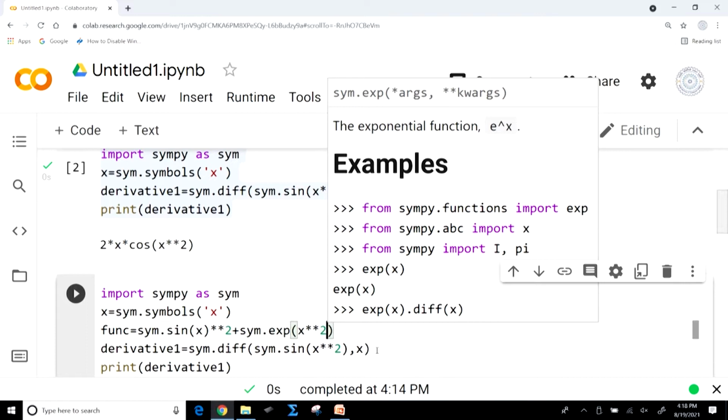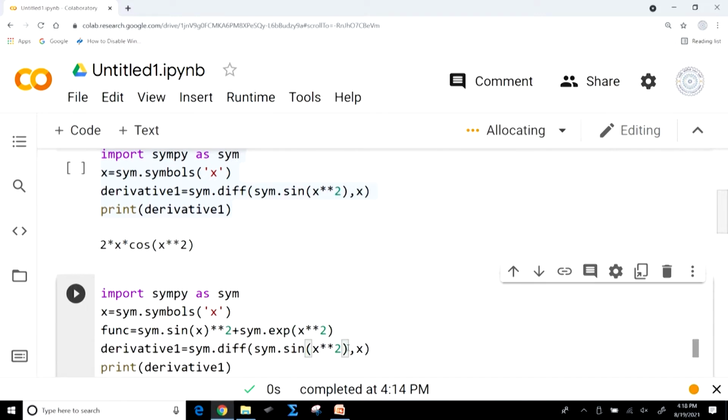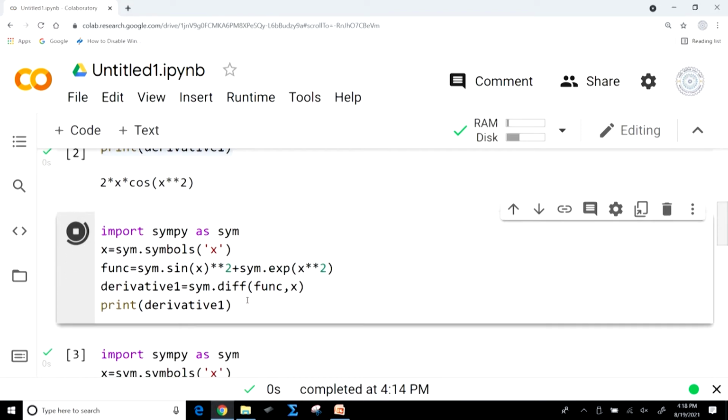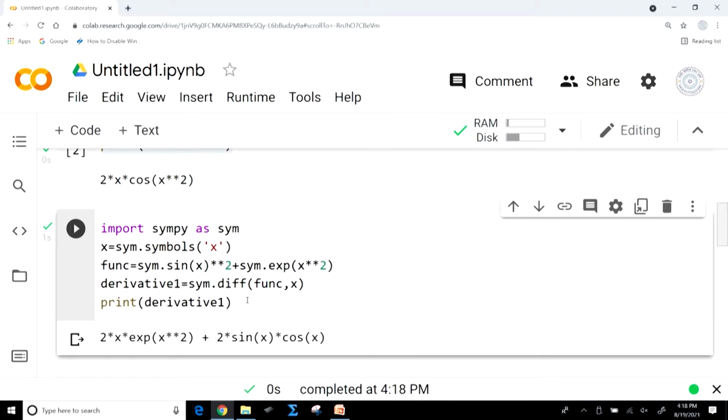Here you call that function whose derivative you want to find out, func, and when you simply run it, you get the derivative of this function. So, in this way, if you have any function, which of course should be differentiable, you can find the derivative of that function using this command.